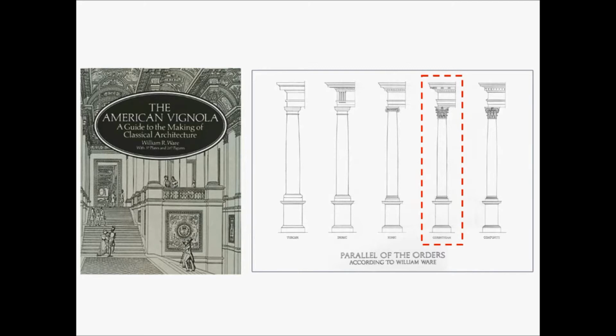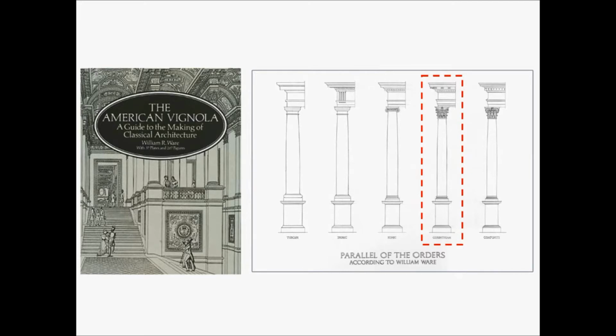As we look at the 5 classical orders, specifically this parallel of the orders according to William Ware's interpretation of Vignola, one thing you'll note about the Corinthian order, unlike the previous 3 orders, the Tuscan, Doric, and Ionic, is that it builds off of them.